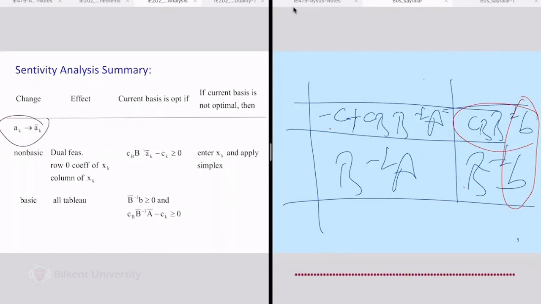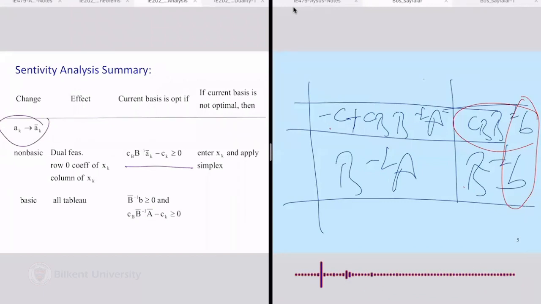Changes in A, again, we differentiate between basic variables and non-basic variables. For non-basic variables, you just check the dual feasibility corresponding to that constraint again. And if dual feasibility remains intact, nothing changes. If dual feasibility is lost, then that variable wants to enter the basis, and you apply primal simplex because nothing changes in the primal feasibility for a non-basic variable's consumption vector.